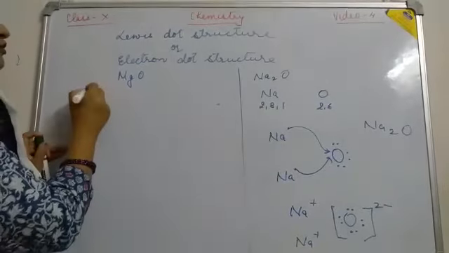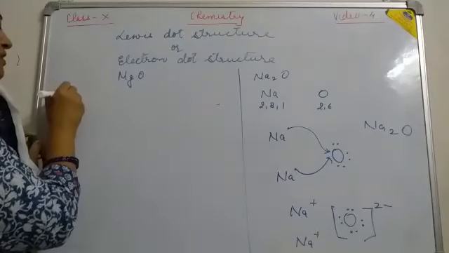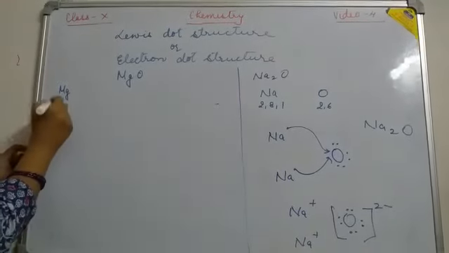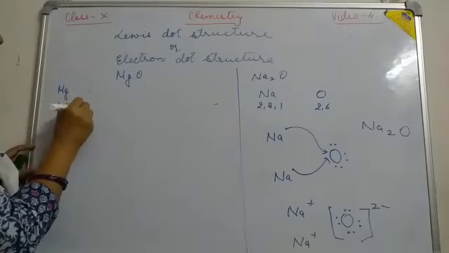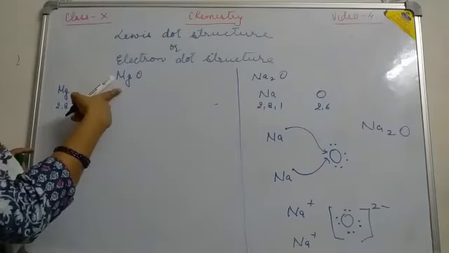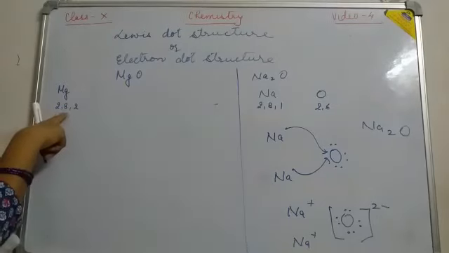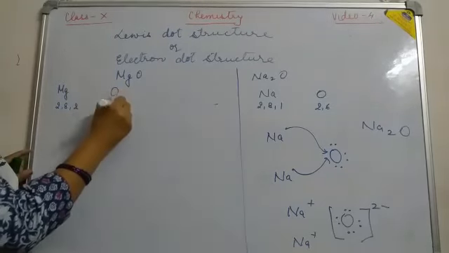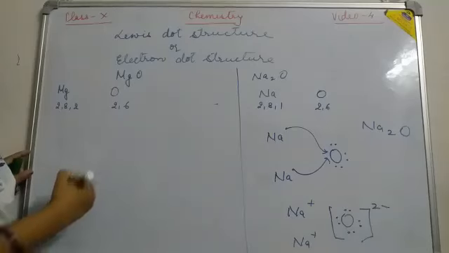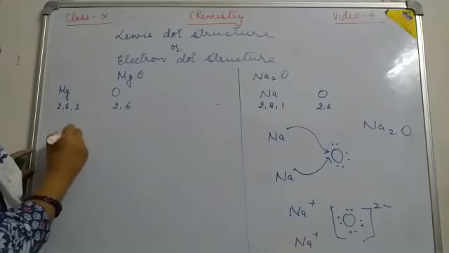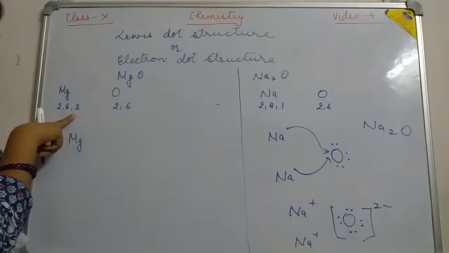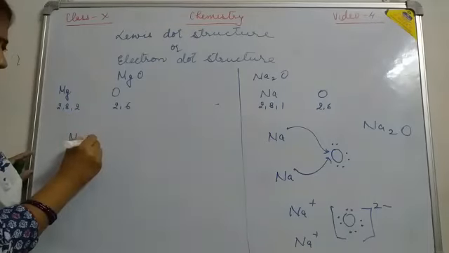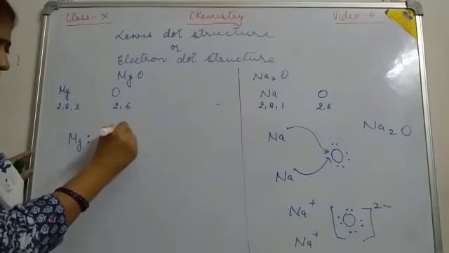So first of all you must write the electronic configuration of magnesium. Magnesium has 12 electrons, so its configuration is 2,8,2, and oxygen is 2,6. For combining these two, the outermost shell of magnesium contains 2 electrons and oxygen contains 6 electrons.